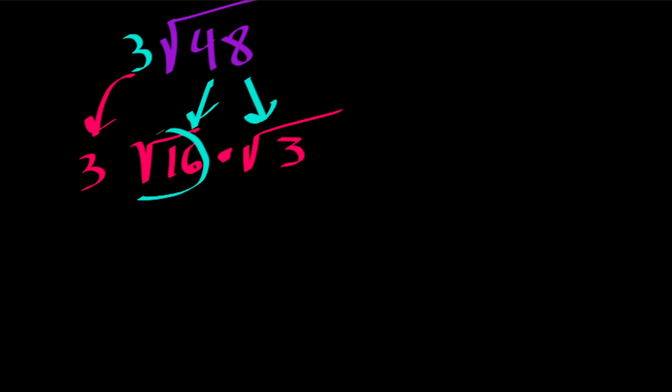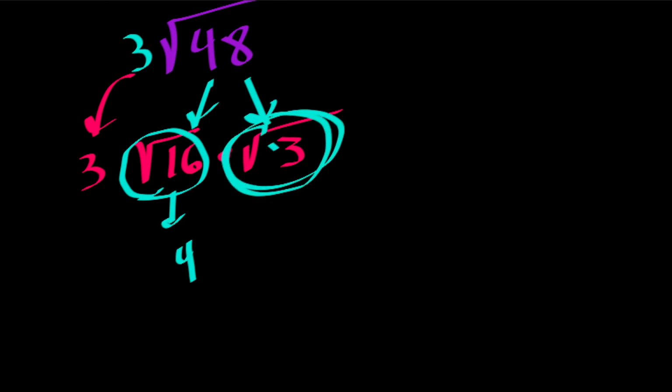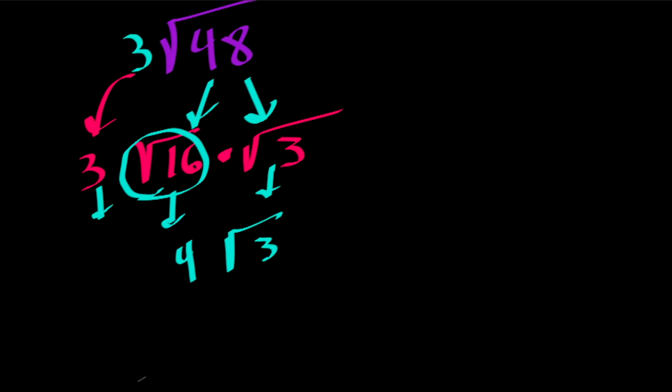So now we can break down the square root of 16, which would give me 4. But then the square root of 3 can't be broken down any further. That's how I know that 16 is actually the biggest perfect square that divides 48. So I just bring down the square root of 3. But then this 3 that was already on the outside just gets multiplied by 4. So my final answer would be 12 square root 3.